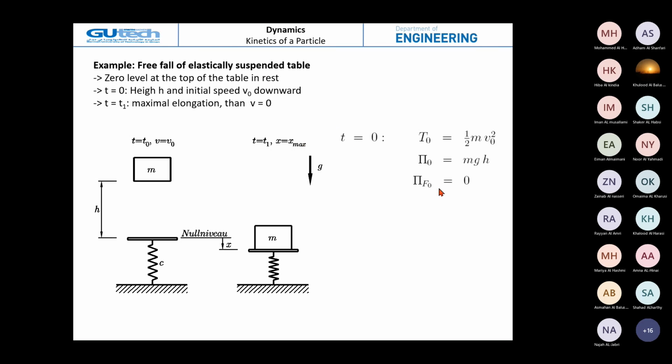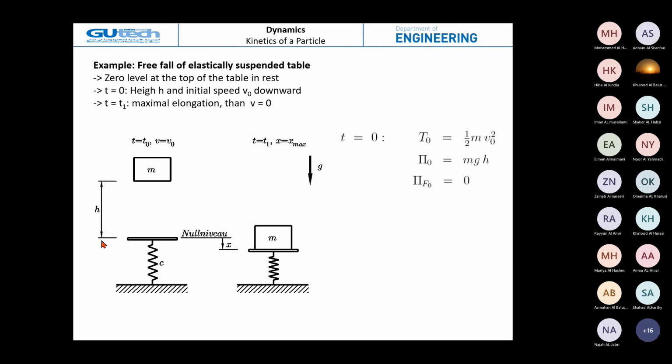Now, if we look at the expression of the potential and kinetic energy at time t equal to 0, the kinetic energy is half of the mass multiplied by the velocity squared, where the velocity is v0. Now coming to the potential energy P0: as the zero level is here, we have mg multiplied by h.